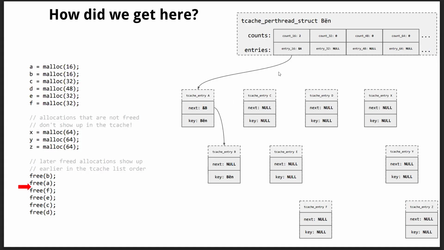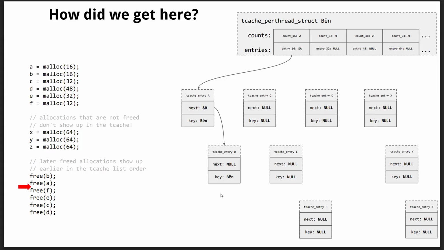Since this is a singly linked list, you have to traverse the whole list to find where the end is, then insert there. So it's always faster to insert at the beginning. That's why, to free A, A's key field points back to the entry, and the next field points to B.